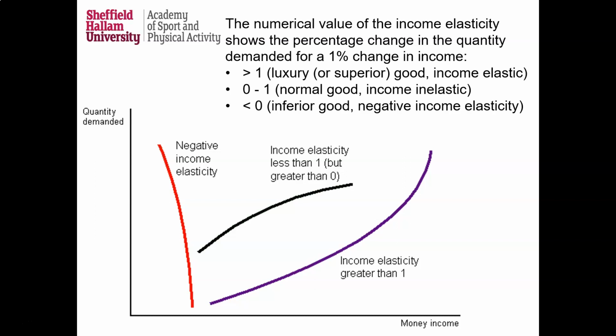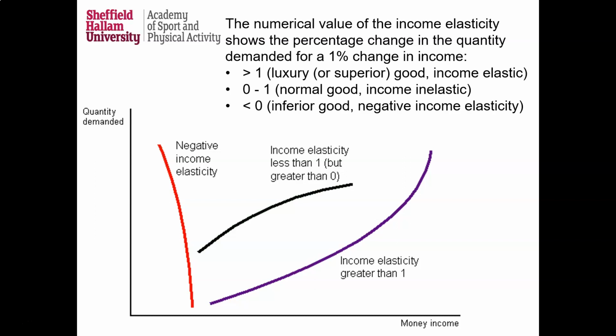Now, generally, when some evidence is looked at, sport is seen as a luxury or a superior good, in that it is income elastic.